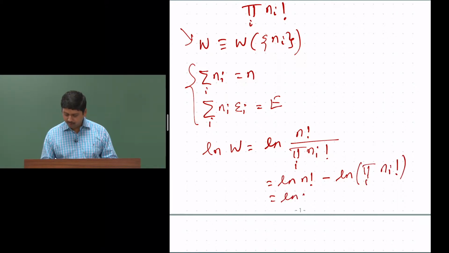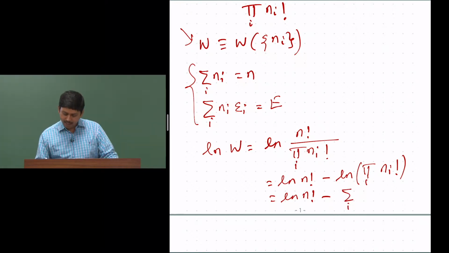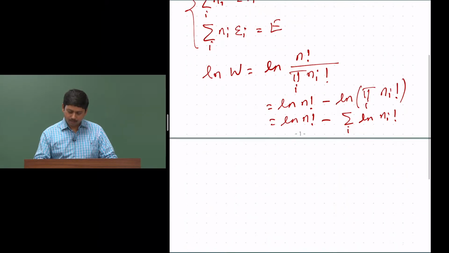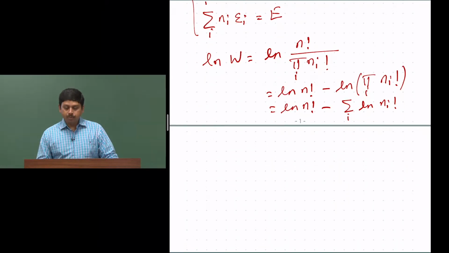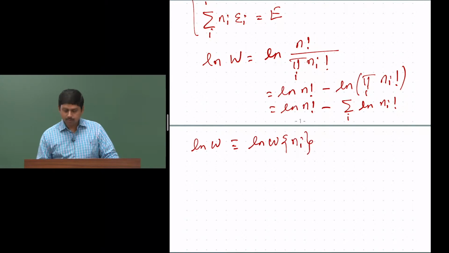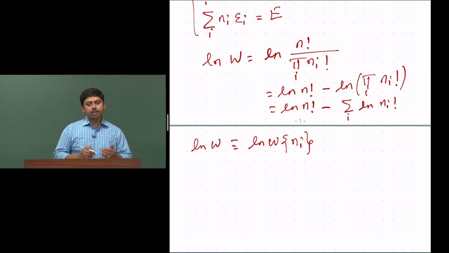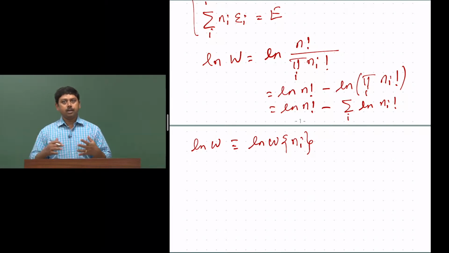The product becomes a sum in case of ln, so it will be minus the sum of ln Ni factorial. Which means now our ln W is also a function of Ni.